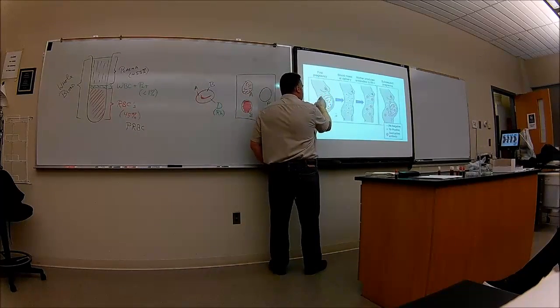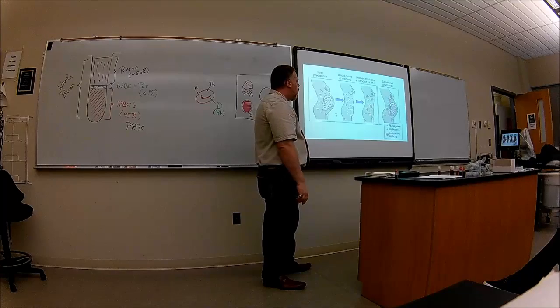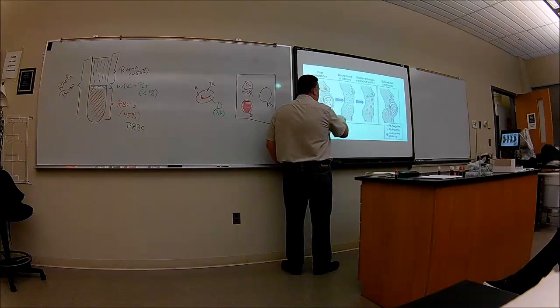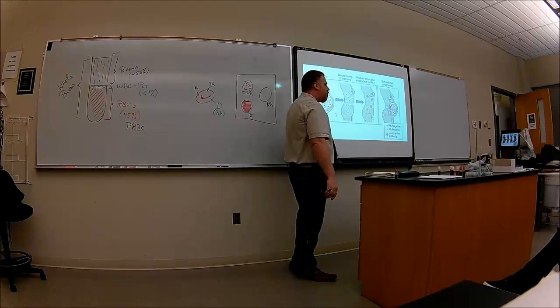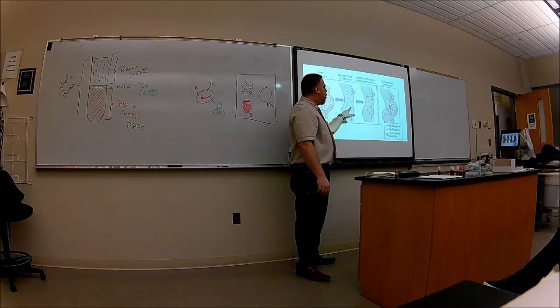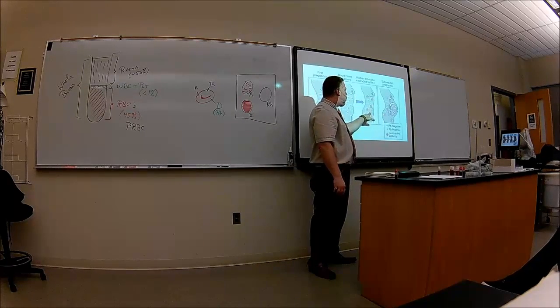So this is a summary, putting it all together. If mom is Rh negative and baby is Rh positive, we deliver the baby, but some of baby's blood goes into mom. Mom's not pregnant at this stage in the picture, but baby's blood, the pluses over here, went into mom. Mom is going to make antibodies to destroy those red blood cells. That's what this circle plus is.